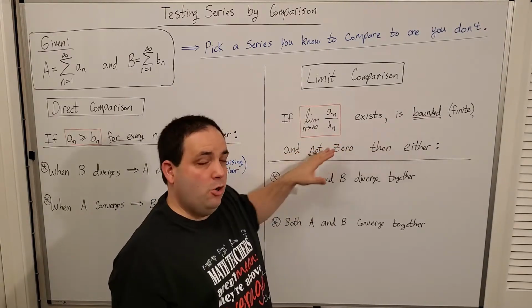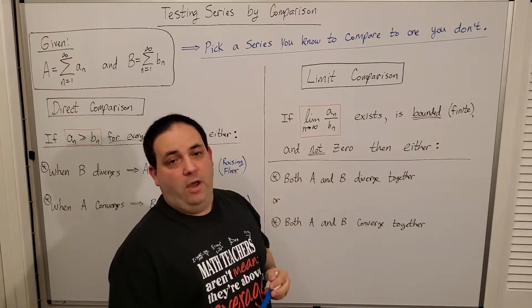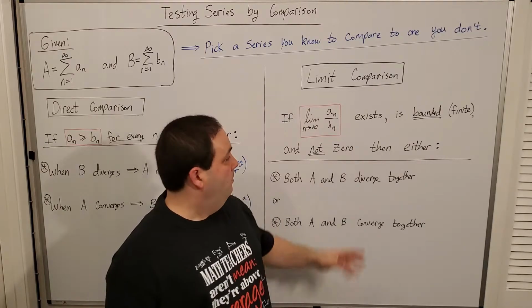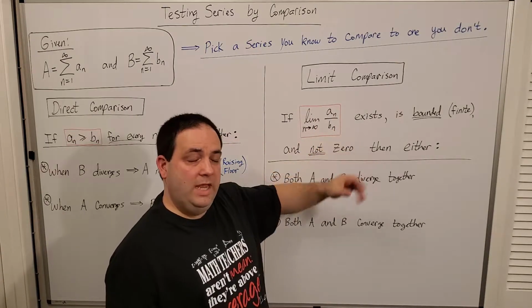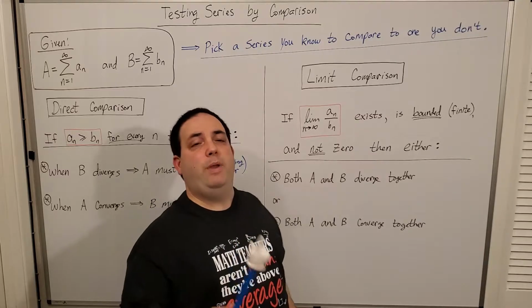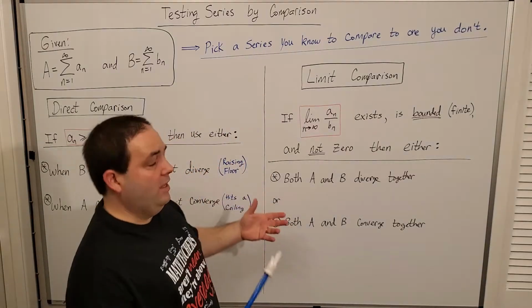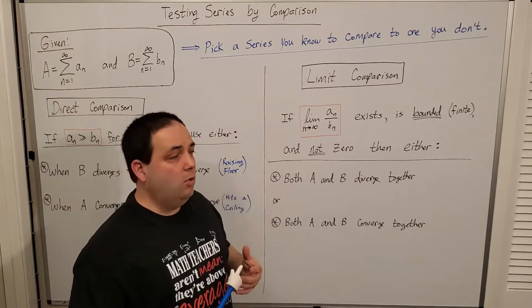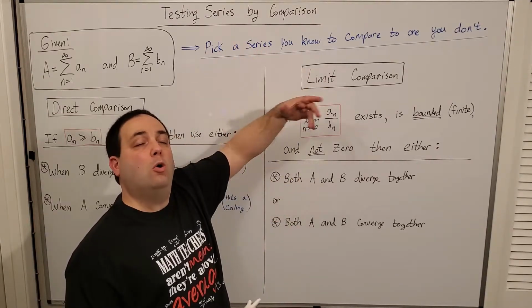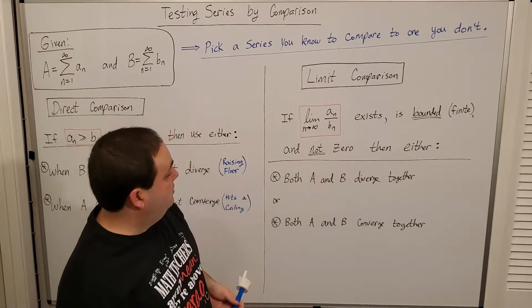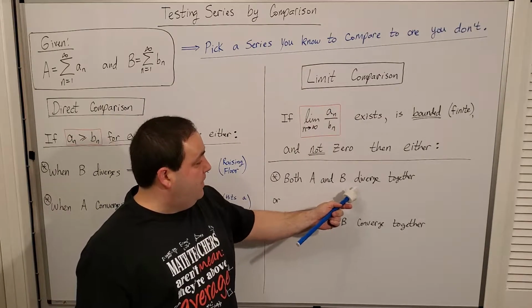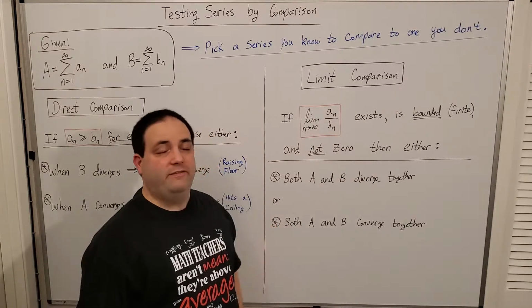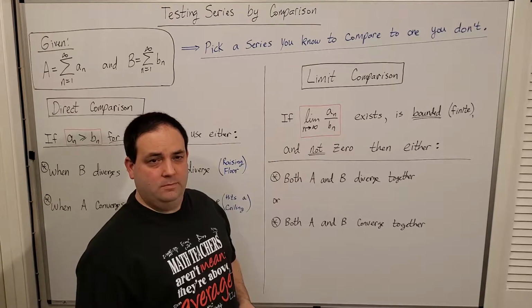If you get infinity or you get 0 or you get a limit that's undefined, it's going to be, no, you can't compare those. Try something else. But if you do get a number on this, it's like, yes, those can be compared, okay? And then once they're compared, you basically have the result from whatever you already know. In other words, either both A and B diverge at the same time, or they both converge at the same time, okay?